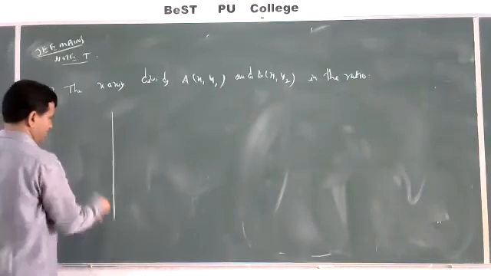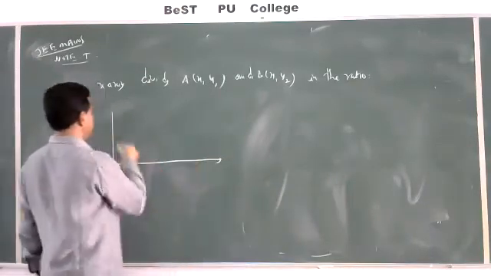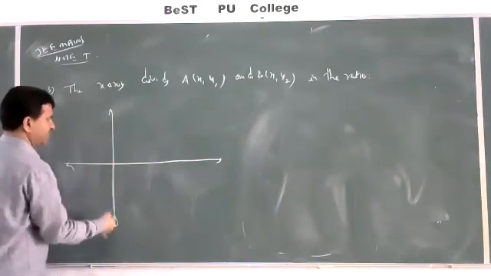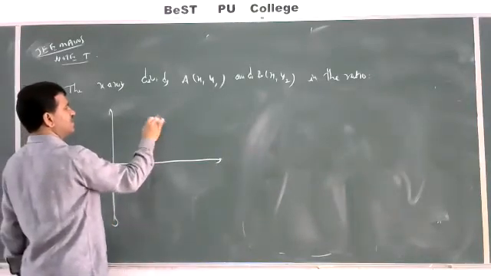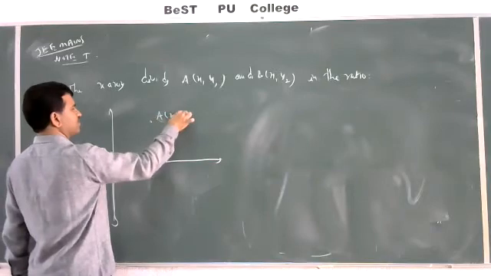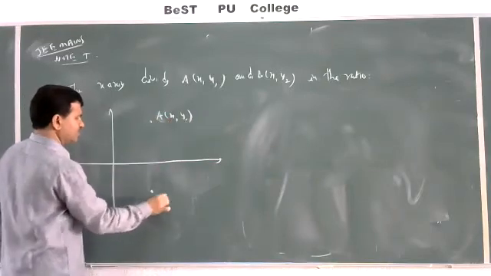Very simple. Just a simple proof for it: A(x1, y1), B(x2, y2).